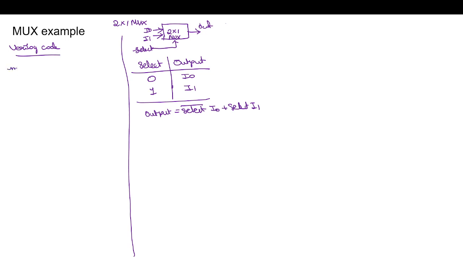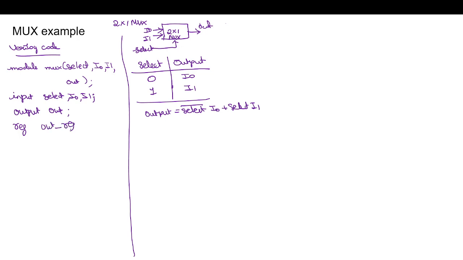This Verilog code we have already discussed. Module mux with select, I0, I1, and then we have to declare which are input ports and which are output ports. So output out. Say we use behavioral modeling. We want another register to store it. You can take a register, always at any one of the input changes.